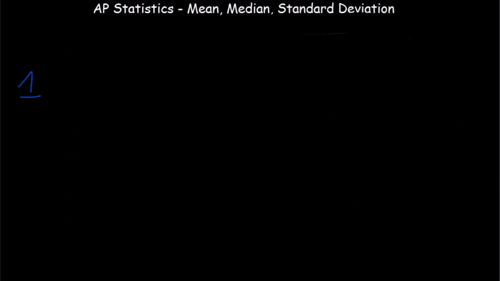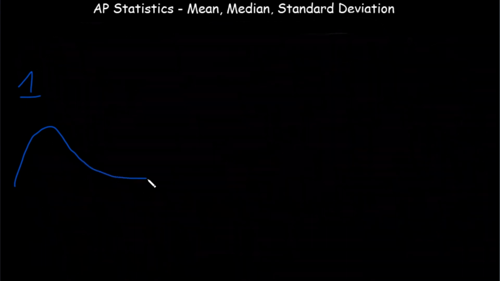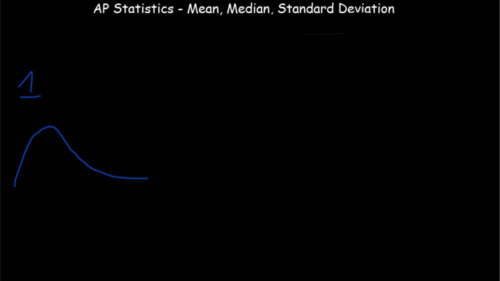So let's say we have graph 1, we have this distribution. Then let's say in graph 2, we have this distribution, which is like a bell curve. Then in graph 3, we have this distribution.